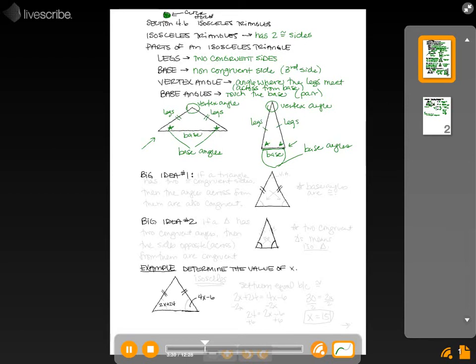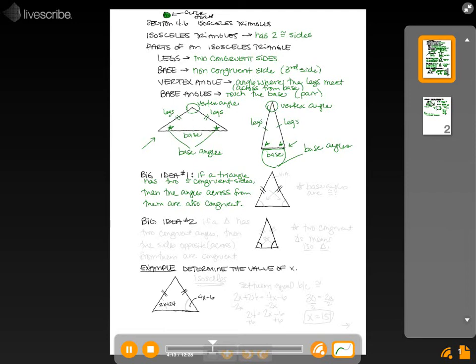So big idea number one: if a triangle has two congruent sides, then the angles across from them are also congruent. So that's the big idea.